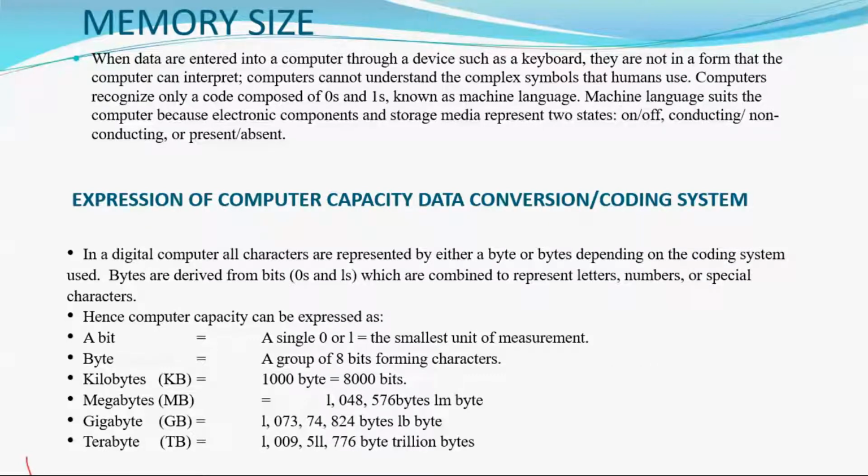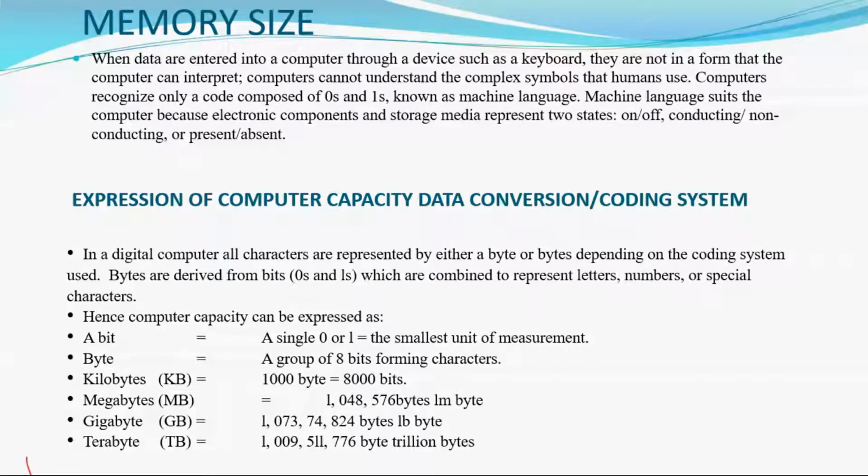All right, so the computer comes up with a way of storing this data by first calculating the size, okay? That size it calculates is what we call a memory size. Now, normally we express the computer capacity data by converting it from one system to another, what we call the coding system.